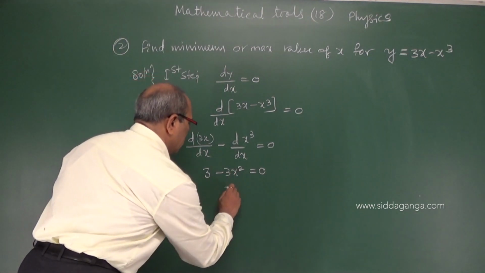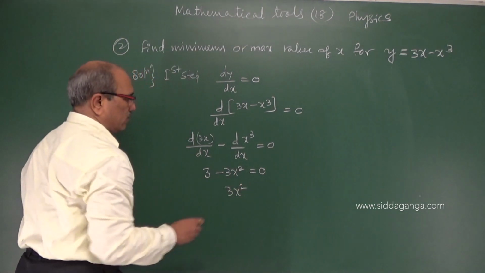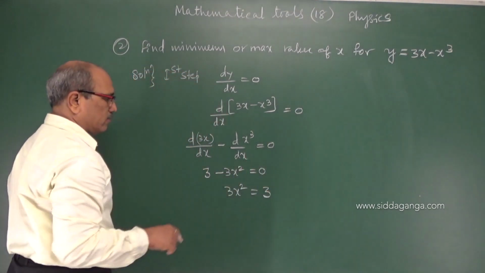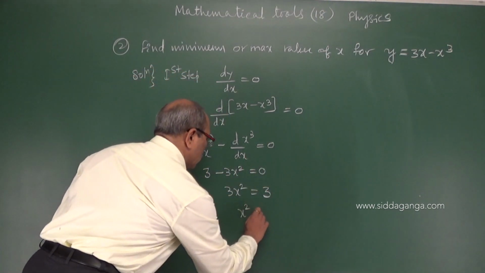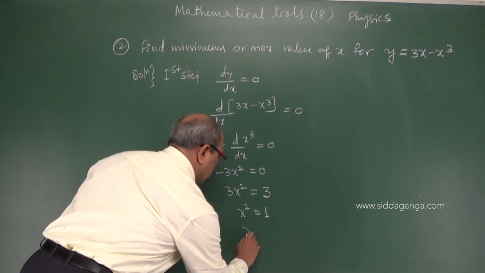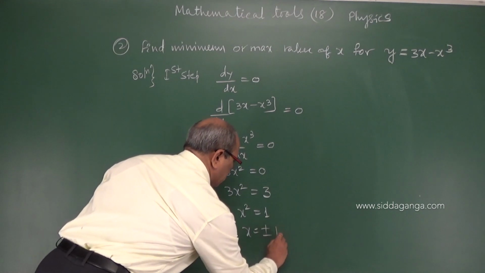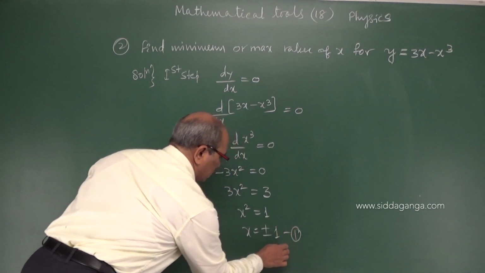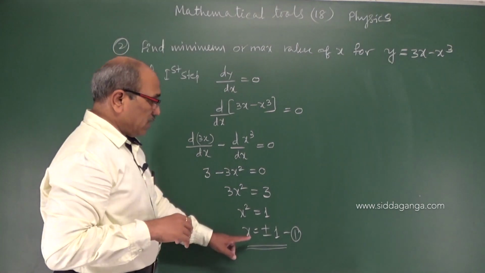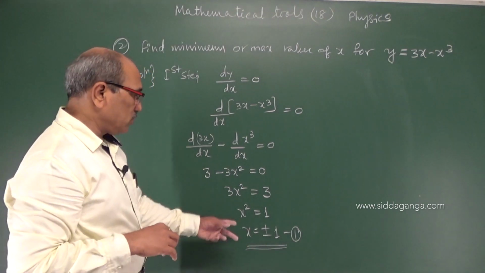Taking 3x square to the other side, 3 equals 3x square, so x square is equal to 1, or x has two possibilities, plus or minus 1. So both maxima and minima can be obtained here.